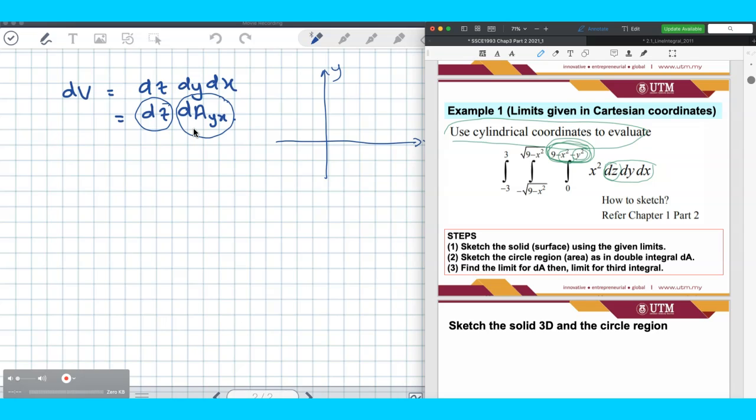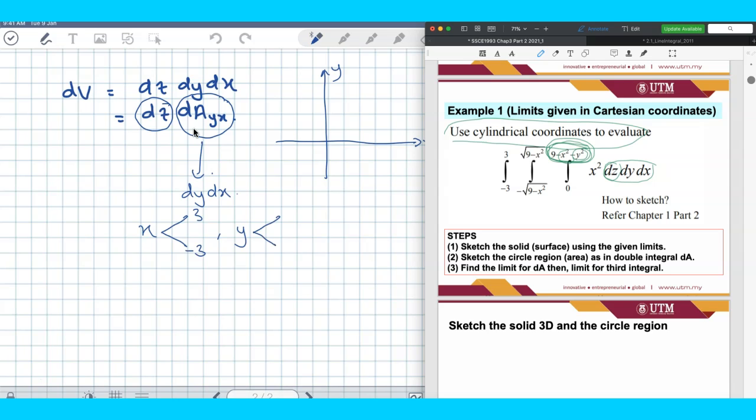Let's say I want to know the shape of the region first, so I will work on this. In this case, they give you dy dx, which means x is constant. Based on the limits given, x is from -3 to 3, and y is from negative square root of 9 minus x squared to positive square root of 9 minus x squared.